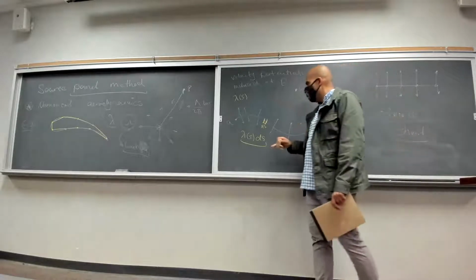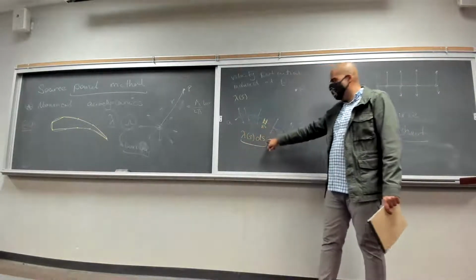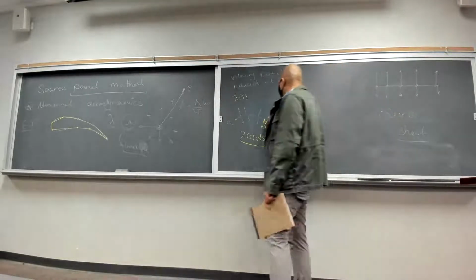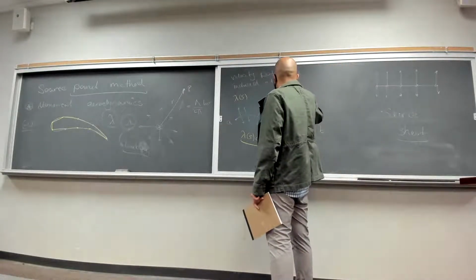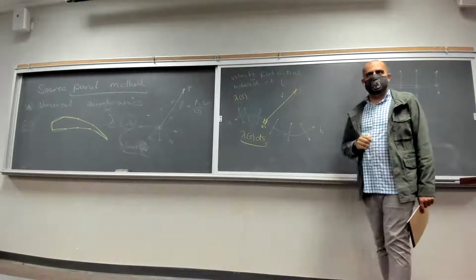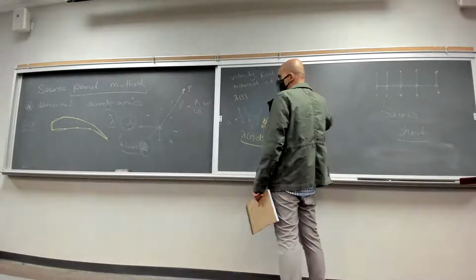It's going to be the strength of that small section of the source sheet divided by 2 pi, multiplied by the natural log of the distance from that source sheet. Okay. Does this make sense?